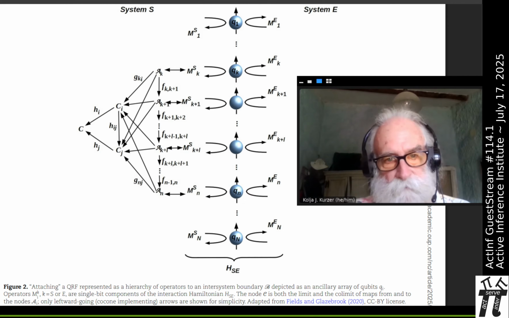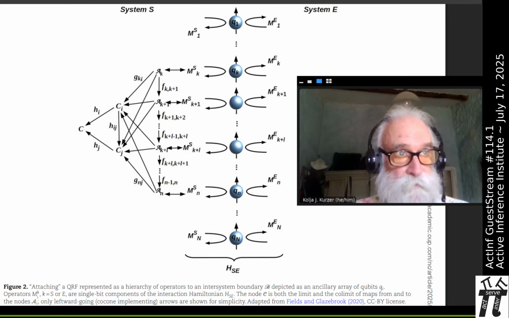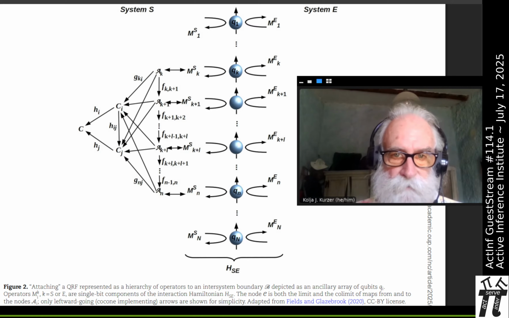So to sort of come to a close on the first question, a quantum reference frame in this way of thinking is a component of the internal process of some observer. And you can think of it as a component of the internal process of some organism.